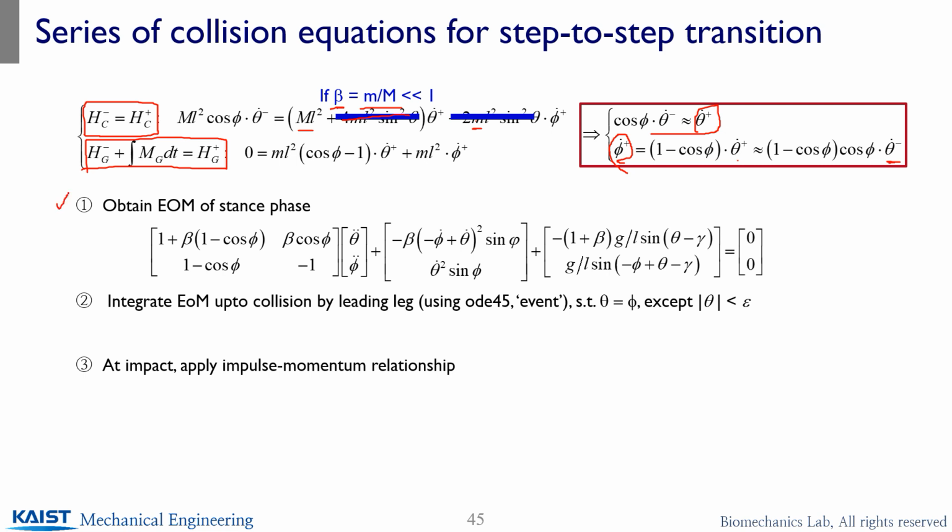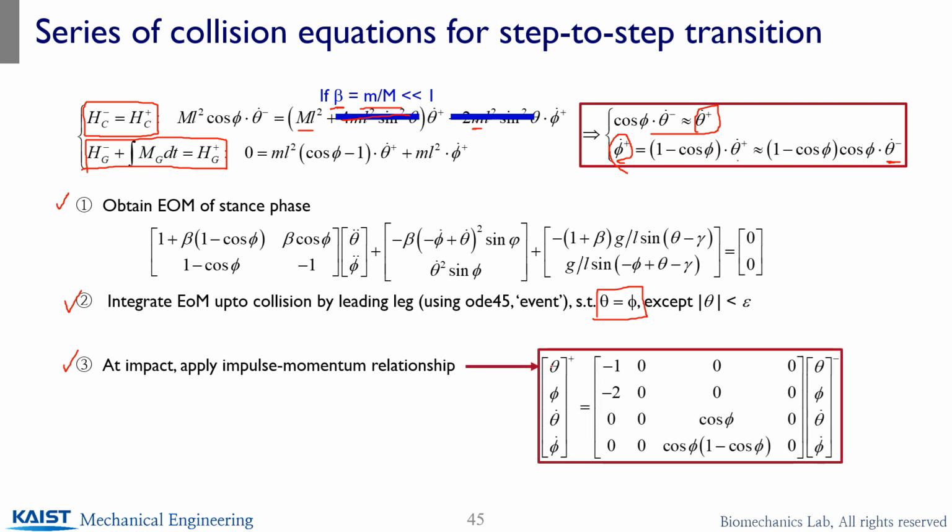Now, let's review the solution steps. The very first step is to obtain the equations of motion, which we have done previously, and integrate over the impending collision, which in this case is when the stance leg and swing leg have the same angle, and apply the impulse-momentum relationship. So your after-collision state values are obtained from the before-collision state variables.